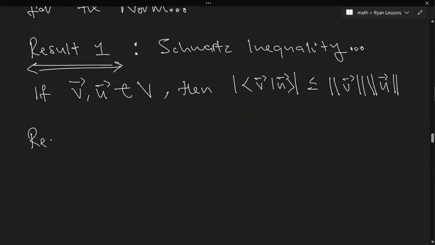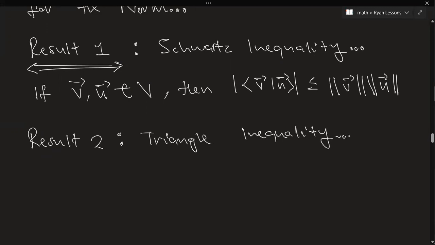Then there's the second result, which is the triangle inequality. The triangle inequality is another inequality which holds true for the norm.